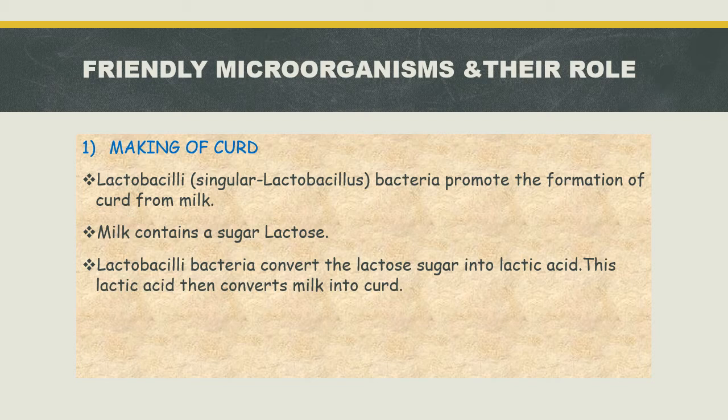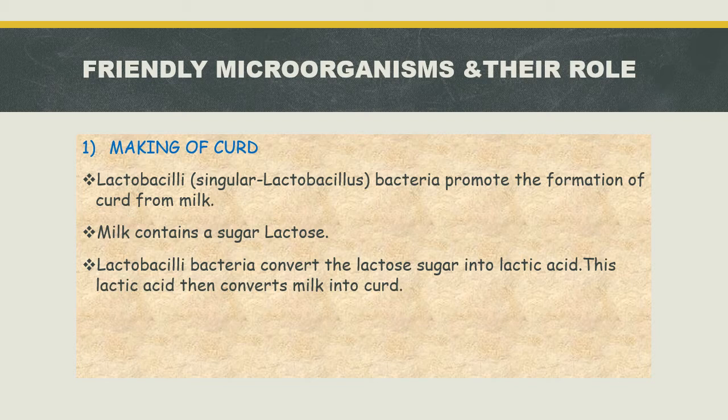So we have the first function or beneficial effect, which is making of curd. So you all like curd, but you don't know what is the mechanism and who is helping to produce curd, right?